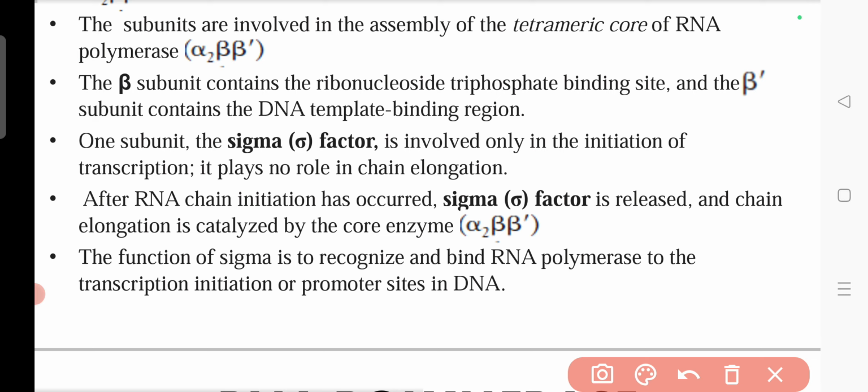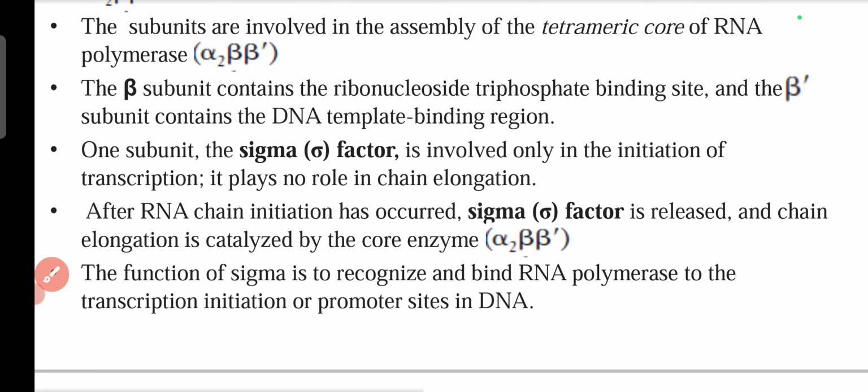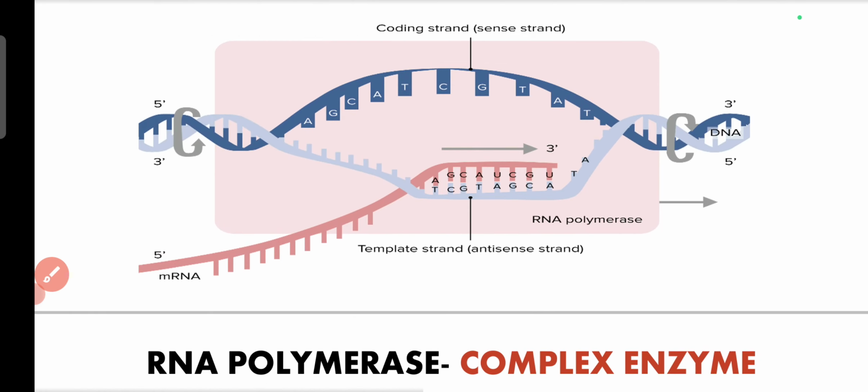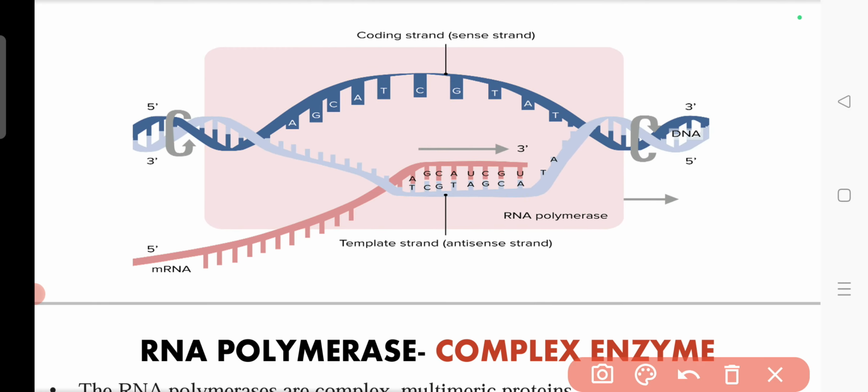The function of the sigma factor is to recognize and bind RNA polymerase to the initiation site on the DNA, which is also the promoter region. On the DNA molecule, specific sites are there from which the process of transcription can start.